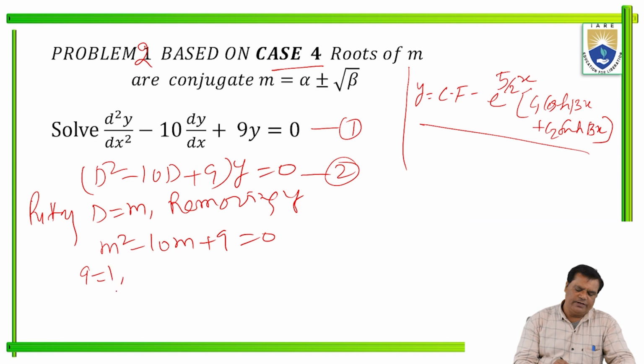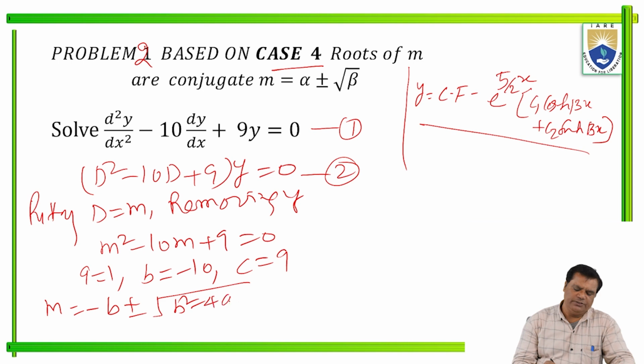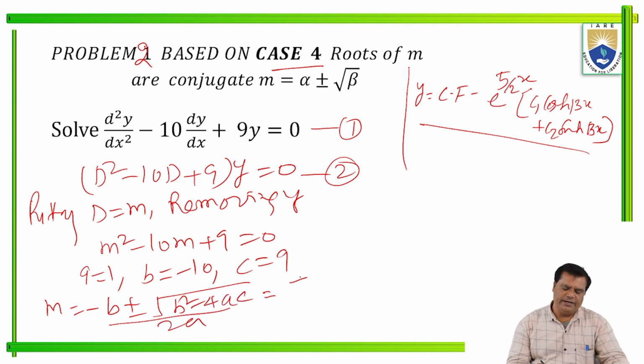So a is here 1, b is minus 10 and c is 9. So m equal to the formula minus b plus minus under root b square minus 4ac upon 2a. So here I am writing the formula: minus b, minus b means plus 10, plus minus under root b square means 100 minus 4 into 1 into 9, upon 2a, 2.